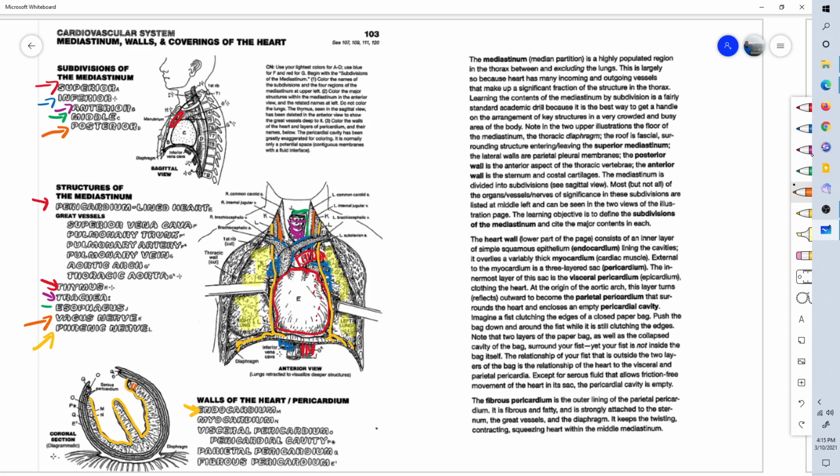Myo means muscle. So you can expect this layer is the muscular layer of the heart, causing it to contract and to beat.